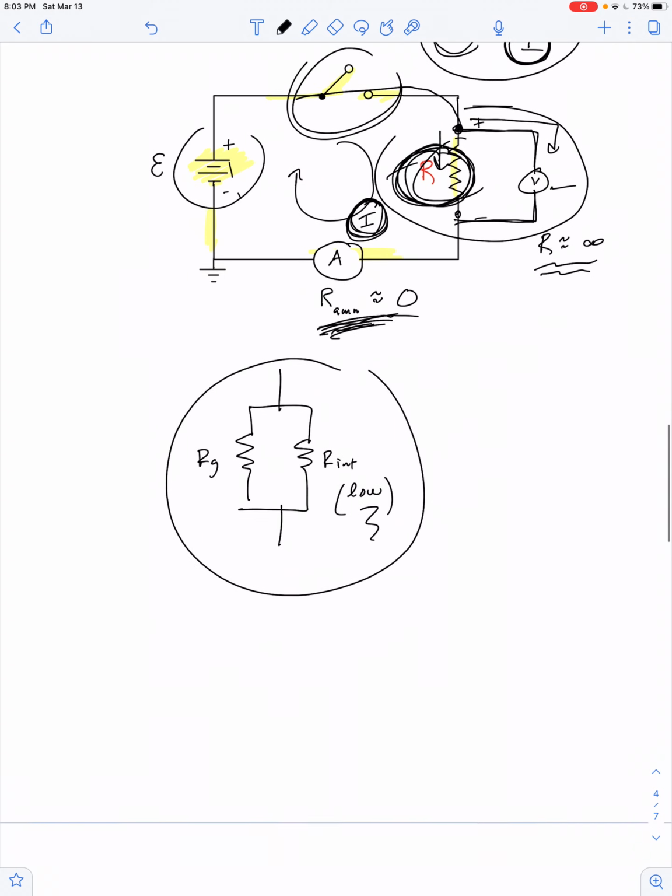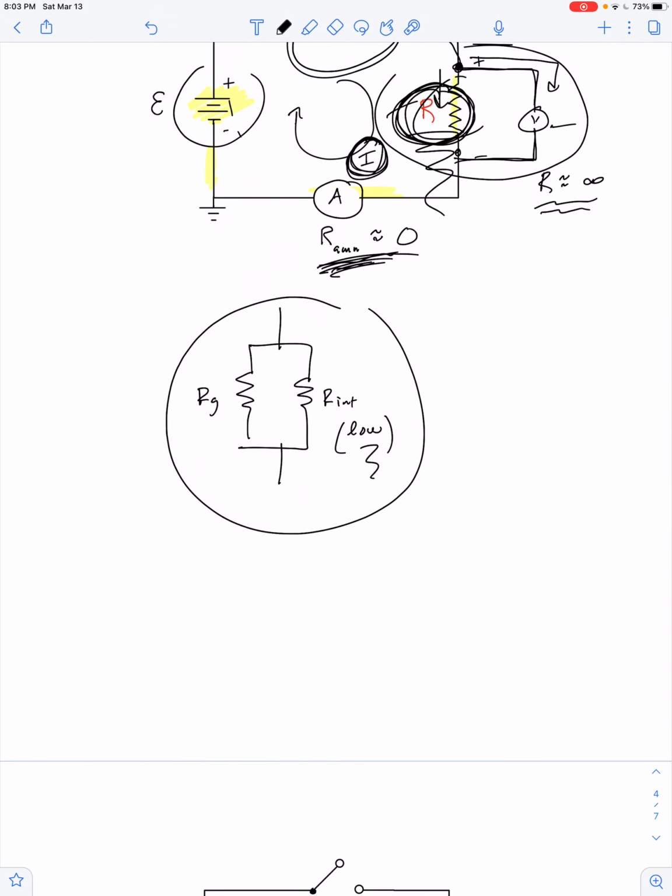So is there a workaround? Is there a way to determine resistance without the inherent error in the readings of ammeters and voltmeters? Well, in our next video lesson, we'll learn about a circuit known as the Wheatstone bridge that provides a workaround.